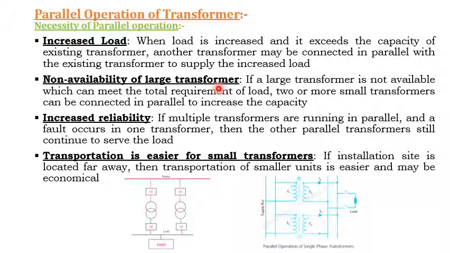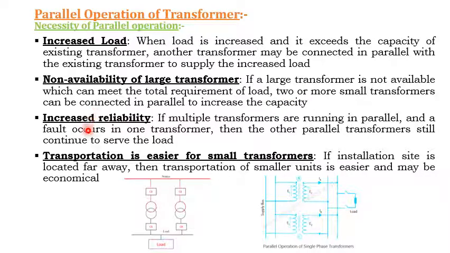If a larger capacity transformer is not available, we consider smaller rating transformers, which can be connected in parallel to fulfill whatever the increased load is. If a large transformer is not available which can meet the total requirement of load, two or more small transformers can be connected in parallel to increase the capacity.